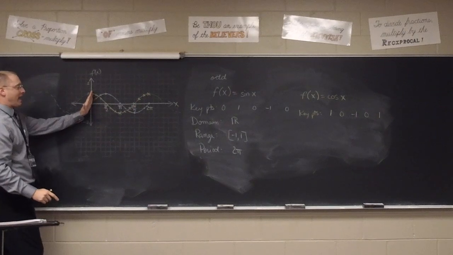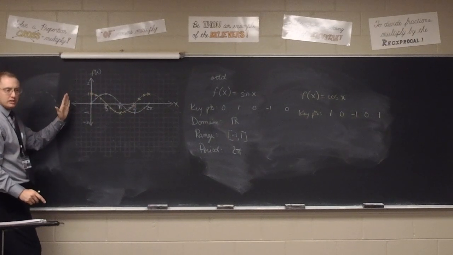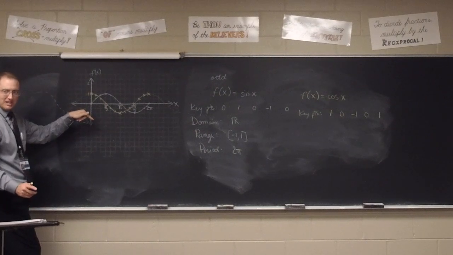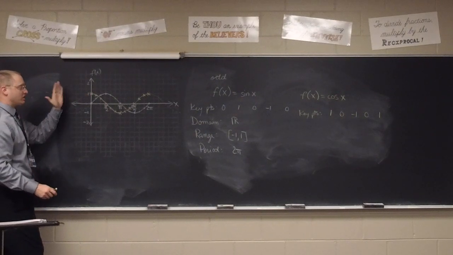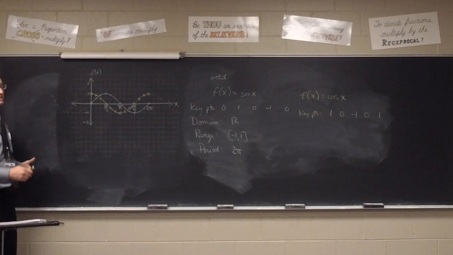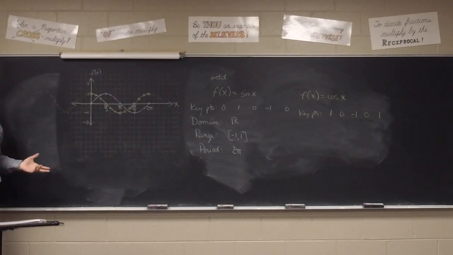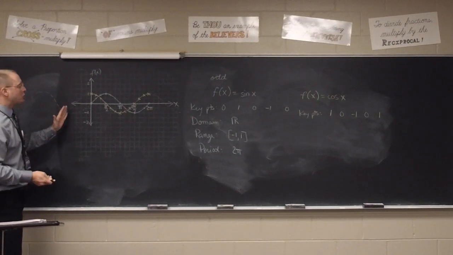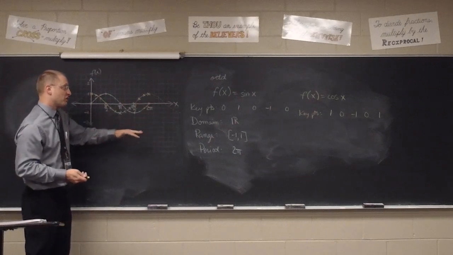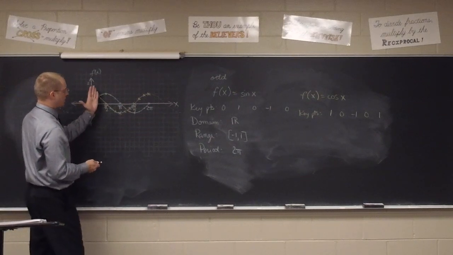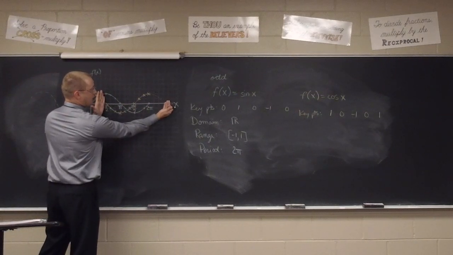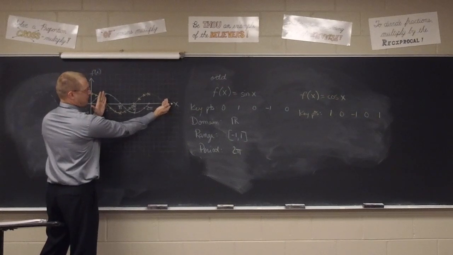But it's shifted back 90 degrees, complementary to the sine. Does that make sense? Sine and cosine are 90 degrees apart, aren't they? They're complementary functions, so it makes sense that the curvature of the graphs really are the same. I suppose we could also come over here forward 90 degrees and you'd see the same thing. It just kind of looks like it's flipped upside down.